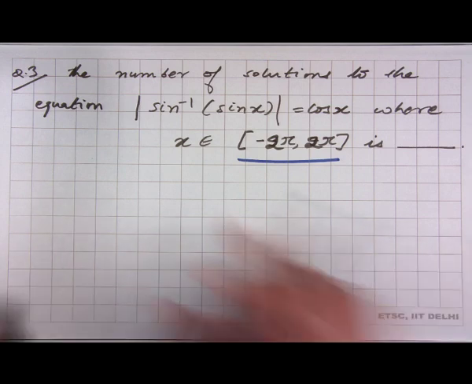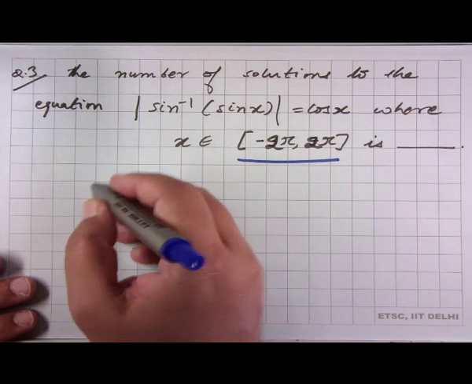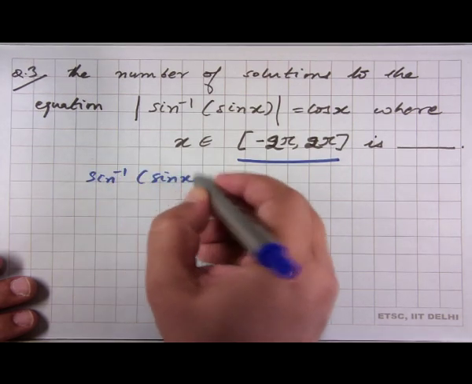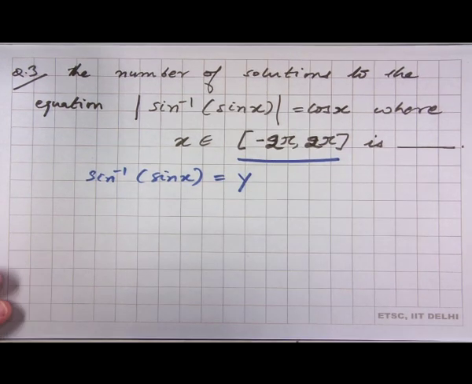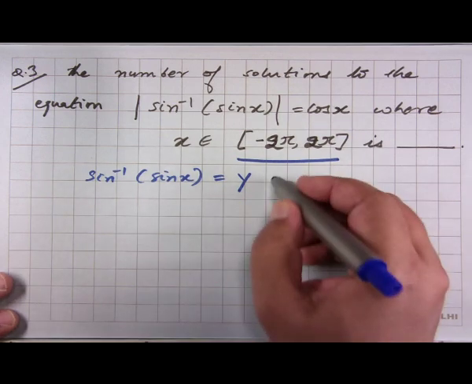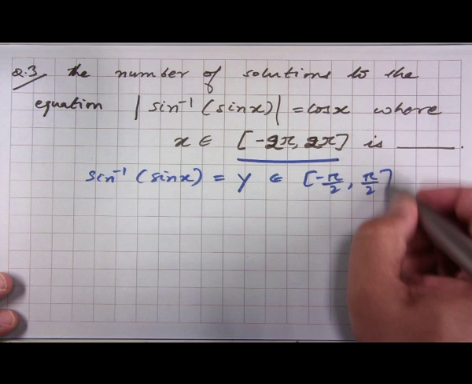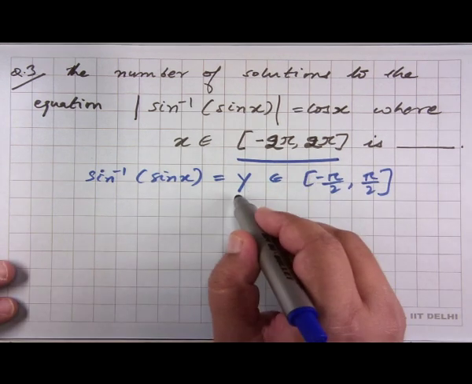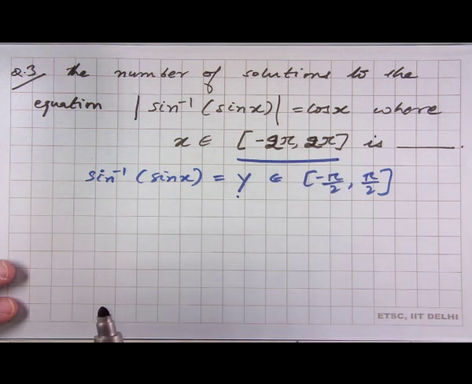And that is not very difficult because, let's say that sin inverse of sin x is equal to y. Of course this value of y has to belong to the range set of the sin inverse function, which is minus pi by 2 to plus pi by 2, but we need to express this y in terms of x. That is what our ultimate goal is going to be.